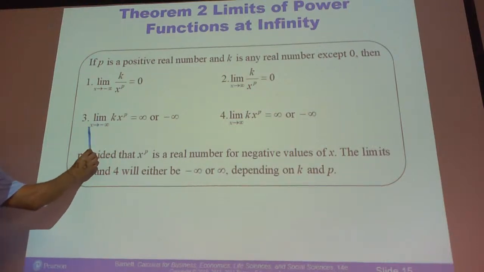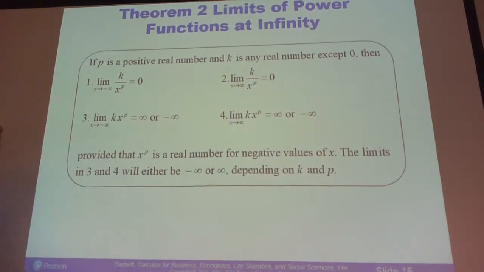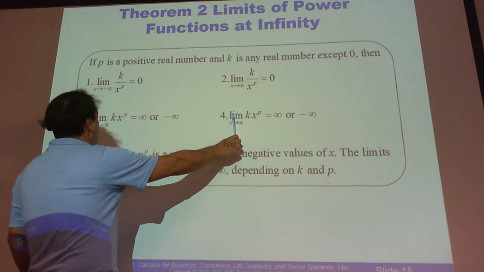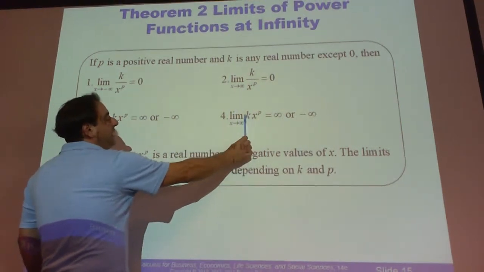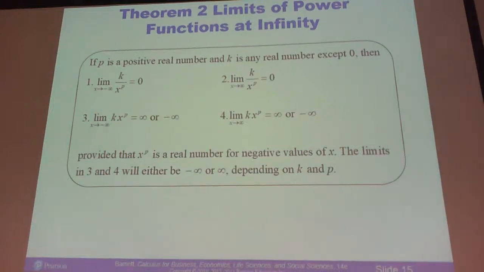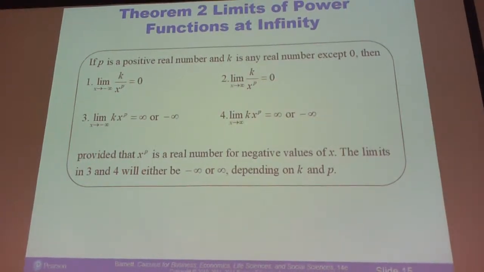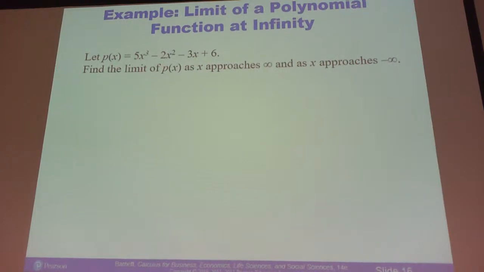If you have the limit as x approaches negative infinity of k x to the p, that will go to infinity or negative infinity. And if you have the limit as x approaches infinity of k x to the p, it will either go to infinity or negative infinity. Bottom line, we're going to do these. These are just some rules. So let's look at this one.